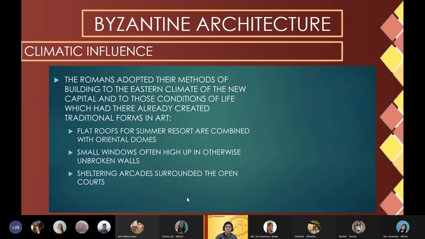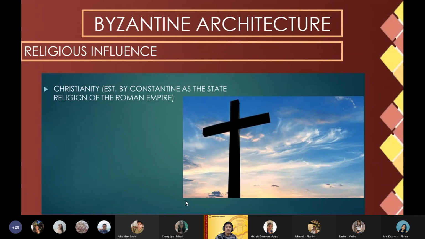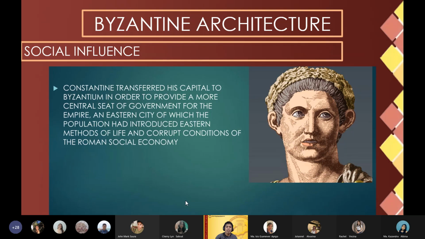Dry. So they have flat roofs, small windows, and so on and so forth. Religious influence is Christianity. Social influence is based on the crew or people brought by Emperor Constantine. So they transferred from Rome to Constantinople.